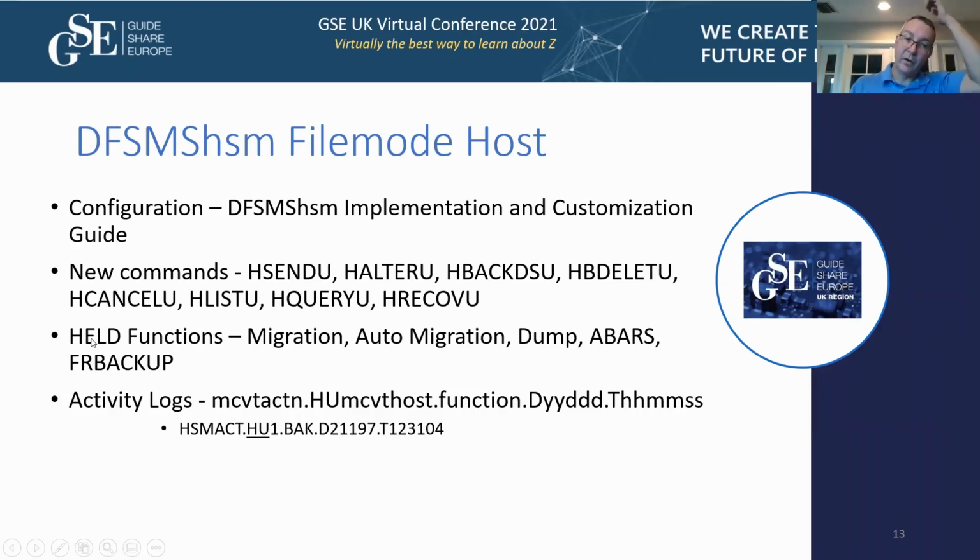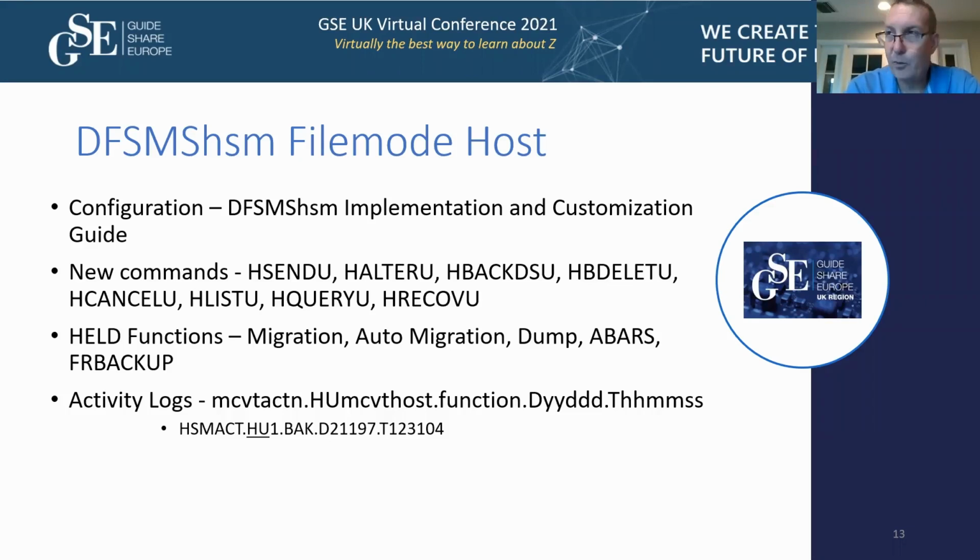In the file mode host, most of the functions are held permanently, so there's not even a chance of the file mode host trying to start automatic or primary space management or secondary space management.